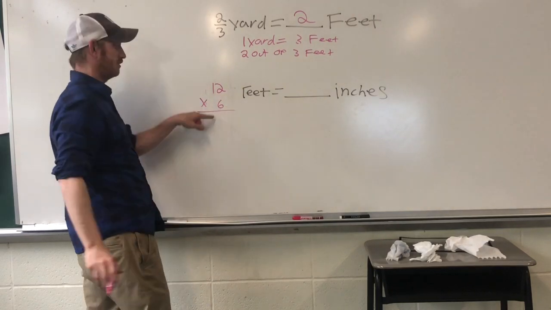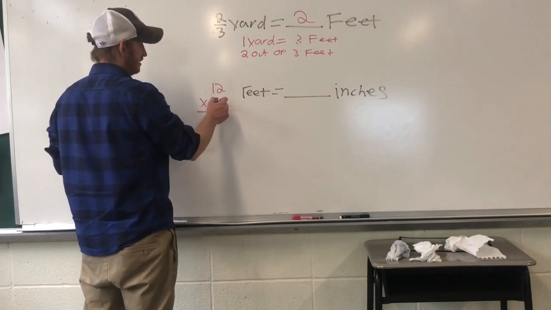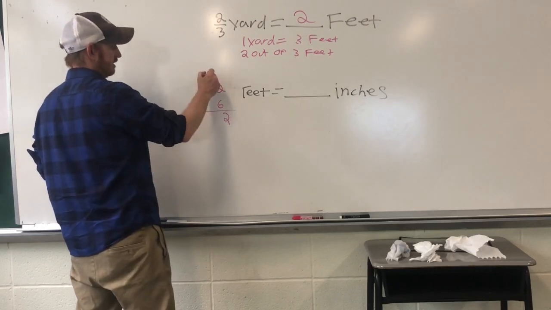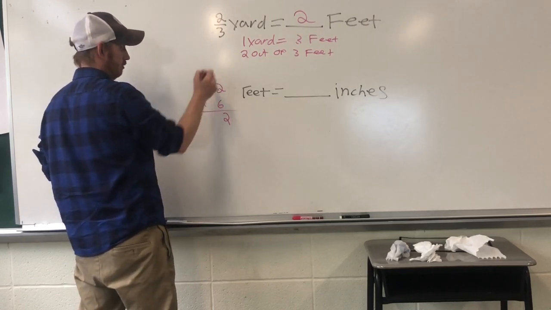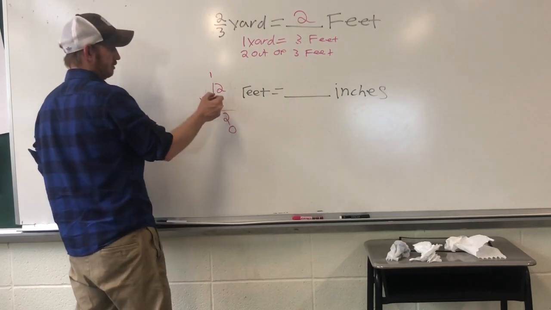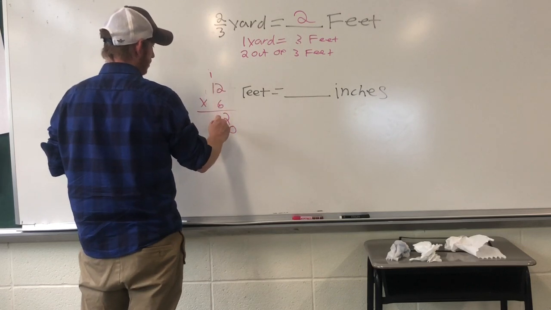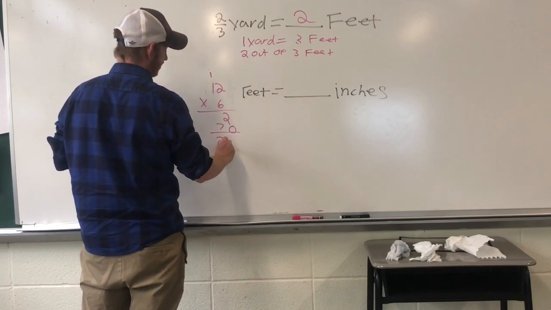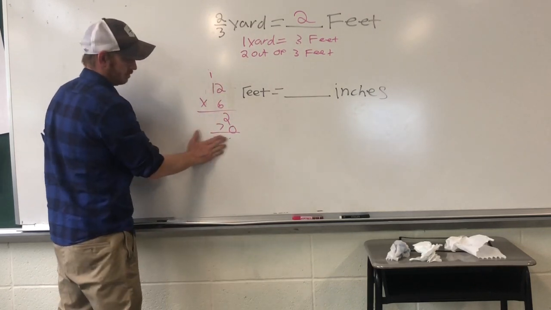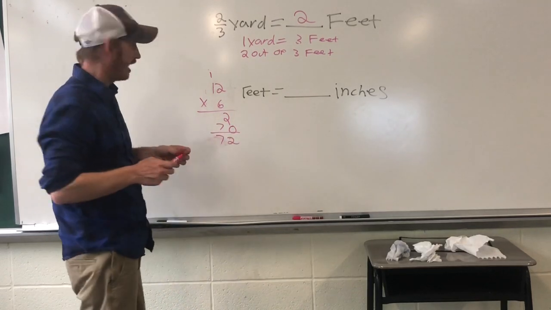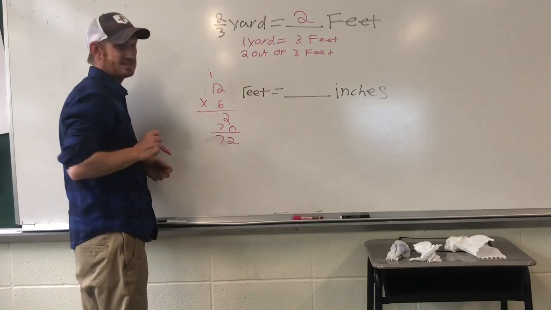It's always easier to have the smaller number on the bottom. 6 times 2 is 12. Carry the 1. 6 times 1 is 6, plus 1 is 7. 72. Sorry about that. 6 times 12 gives us 72.